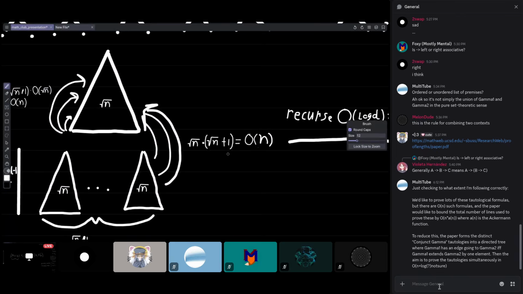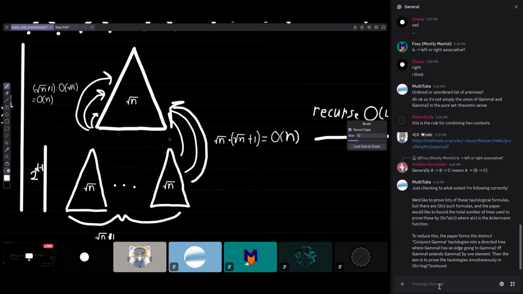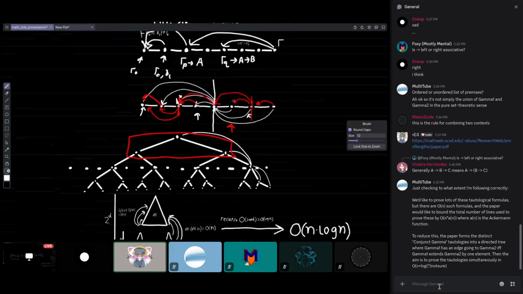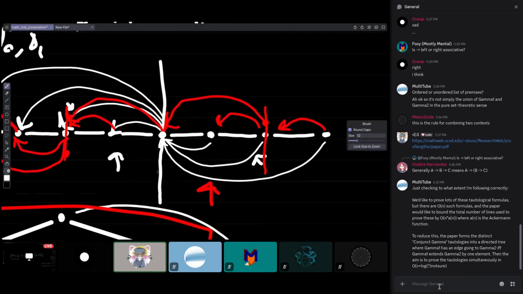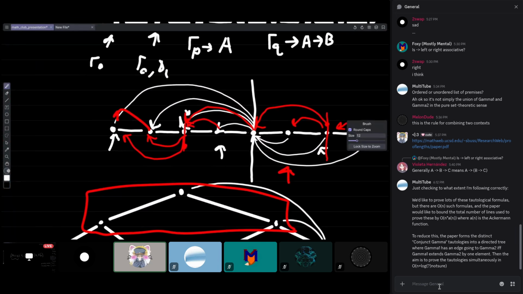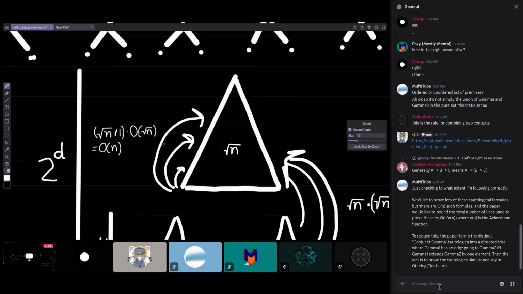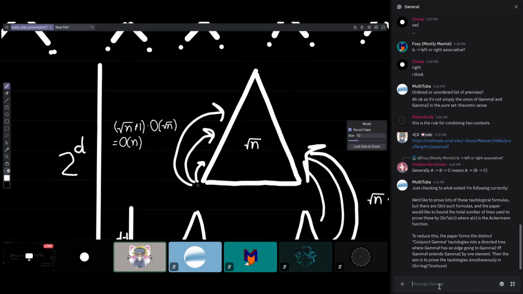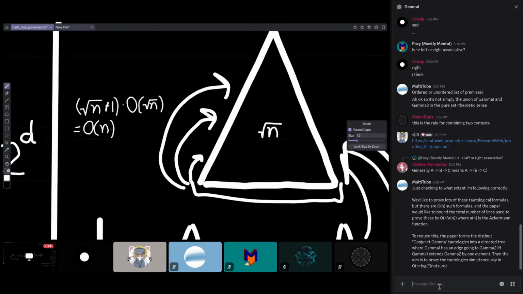Okay. Yep, makes sense. All right. And then the other part of our structure is we need to be able to jump from the cut to any node above the cut. So if you look down here, how many leaves do we have? We have about root n+1 or something like that.